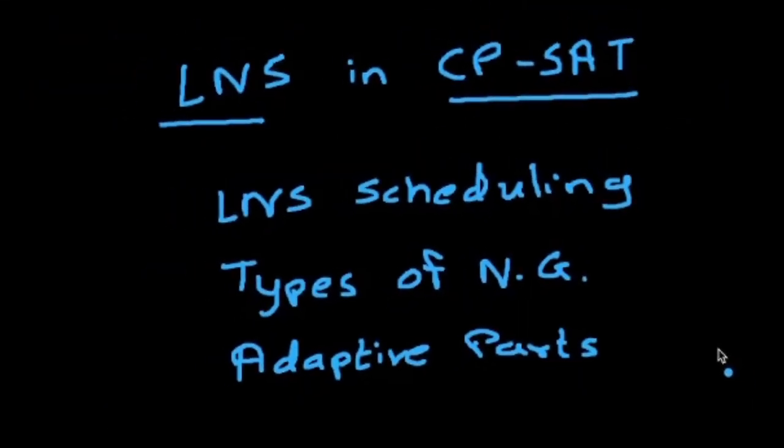To do a quick recap, in this video we saw how these LNS workers are scheduled inside the CP-SAT solver. Typically, if you trigger the CP-SAT solver with 8 threads, then expect about 3 of them to only have LNS workers. So either LNS or LNS and local search, which is basically all types of re-entrant workers.